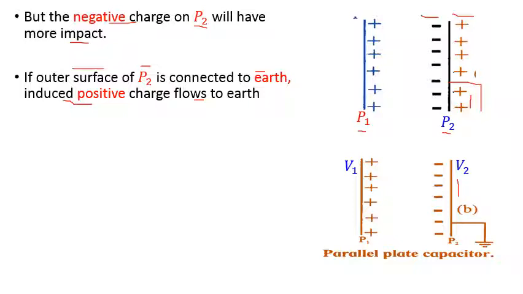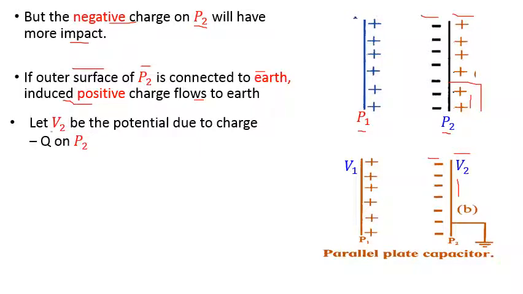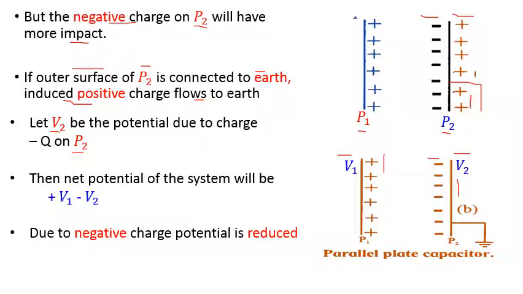Imagine due to these negative charges, V2 will be the potential. It is written here, V2 is the potential due to negative charges on plate P2. V1 is the potential due to positive charges on plate P1. Now, initially the potential was V1. Now, due to these negative charges, the potential is reduced by this much factor.